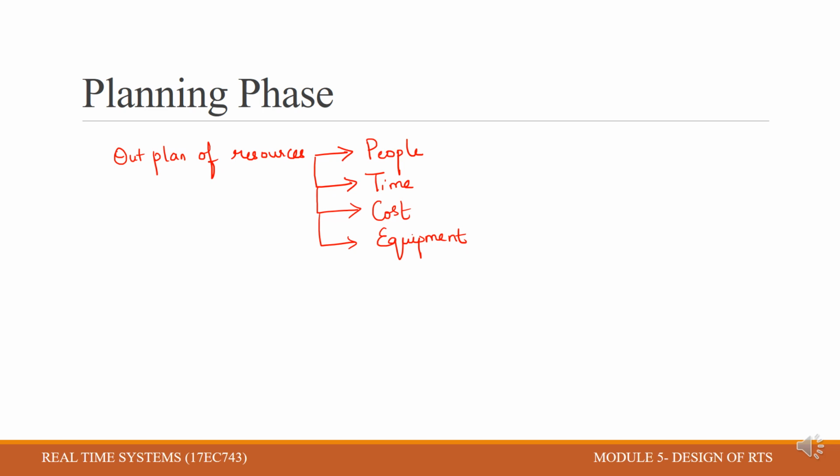Once this planning is made, the second thing is the preliminary decisions that have to be taken care of, which include hardware requirements. For a given real-time system, we need to plan what hardware requirements are needed, and also plan for software requirements.